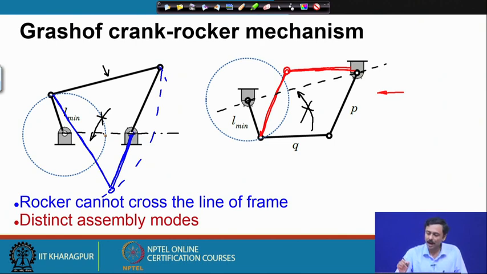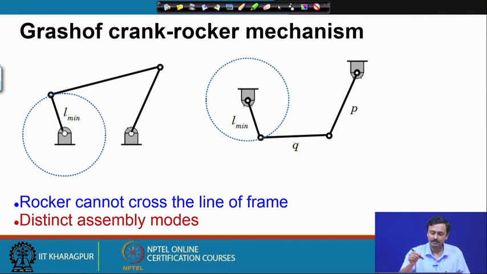So, these 2 are distinct assembly modes, one in which the rocker is on one side of the line of frame and the other in which the rocker is on the other side of the line of frame. So, there are distinct assembly modes of a Grashof crank rocker mechanism.